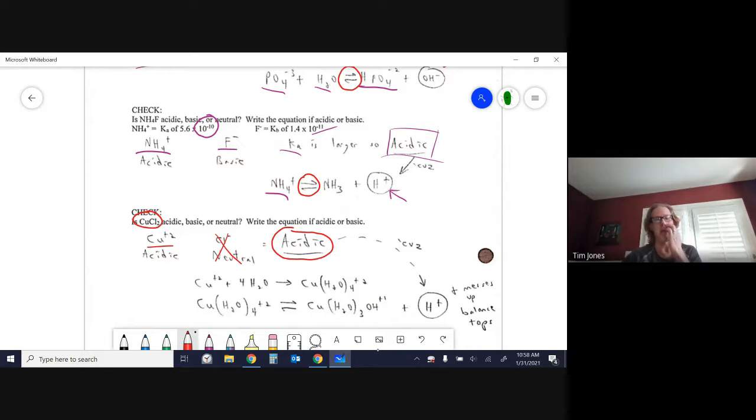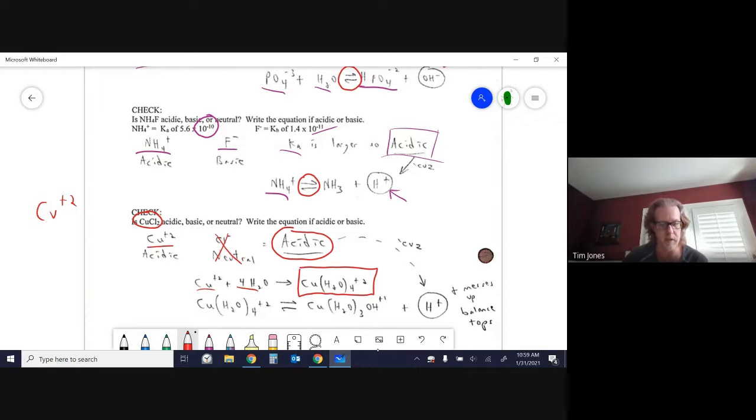And to show that, at first, when you look at Cu plus 2, you think, how can this be an acid? There's no hydrogen. It's not HCu plus 2. So you have to go back to our prior lesson. You have to look at how can things be acidic. Well, when Cu plus 2 is in water, it forms a complex ion, with water as the ligands, and you get this complex ion here.